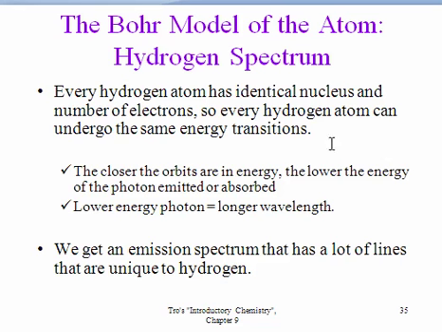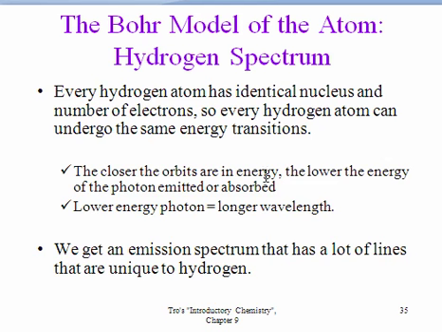Now, what causes the energy levels to exist are the nucleus as well as the electrons. Every hydrogen atom has an identical nucleus, one proton, and the same number of electrons. So every hydrogen atom has the same energy levels available to it, and therefore can have the same energy transitions.